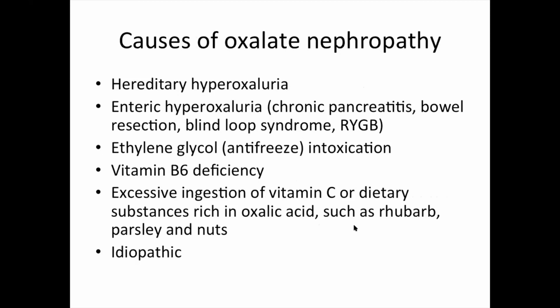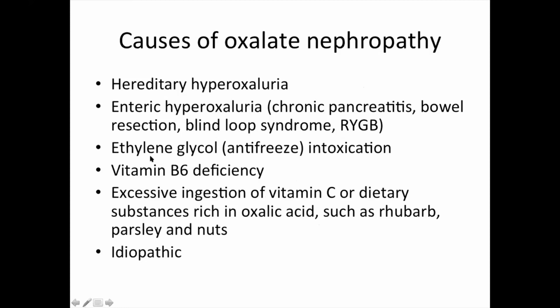Causes of oxalate nephropathy: we can have hereditary hyperoxaluria, one of the mitochondrial diseases. We can have enteric causes in patients who have chronic pancreatitis, who had bowel resection for IBD, who have blind loop syndrome, or who had Roux-en-Y or other bypass surgery.